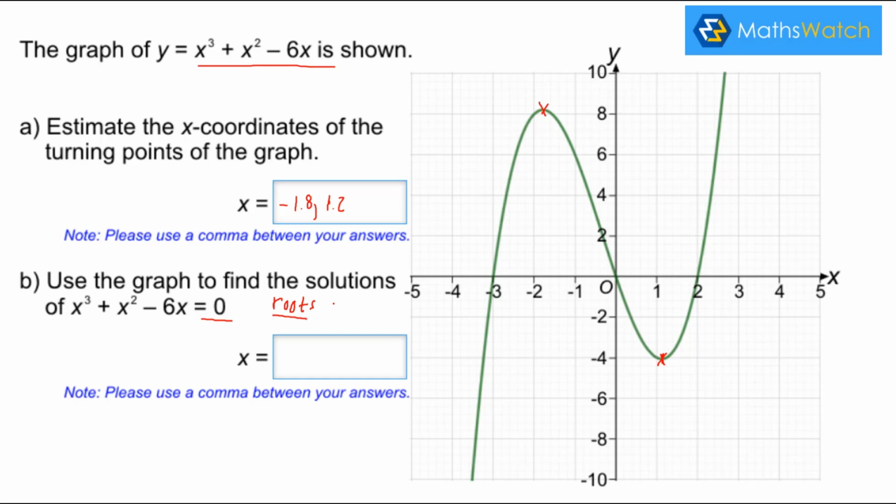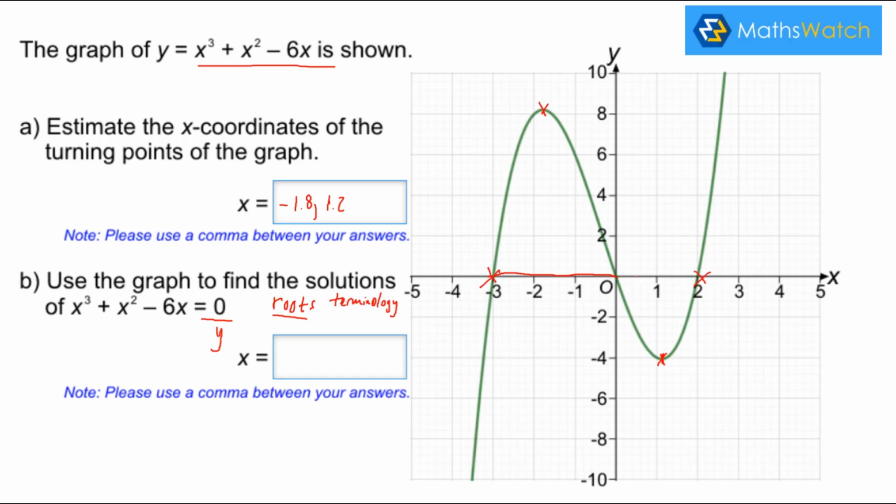Use the graph to find the solution. Well, I did say, if you remember, the solutions are the roots. That's extra information, so you've got to remember the terminology, because if you do not know what it's asking for, then you can't answer the question. So can you see that 0 is where y is?